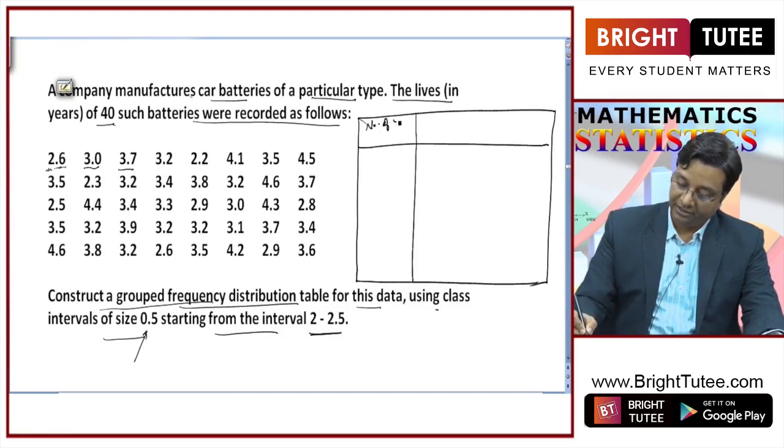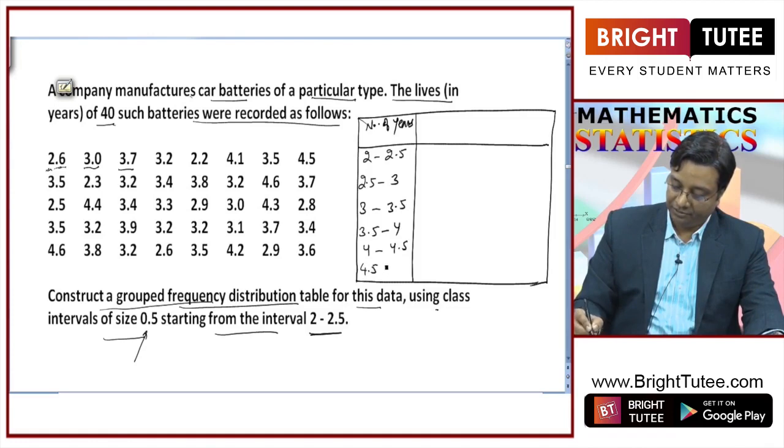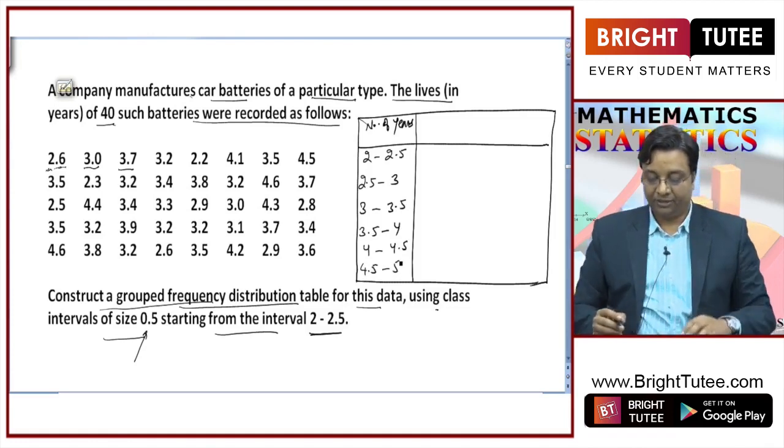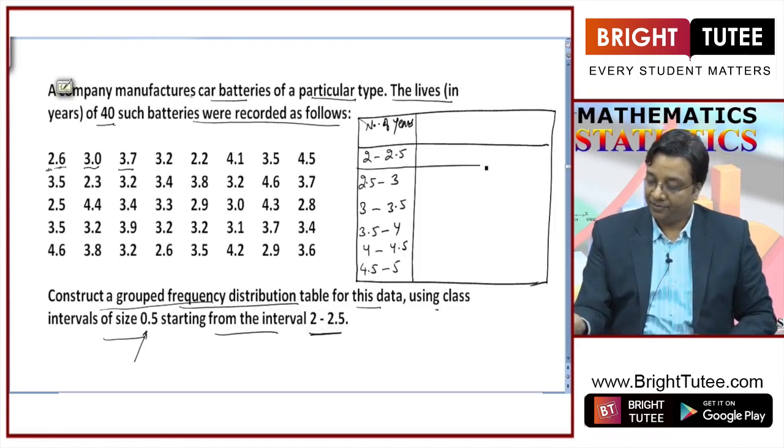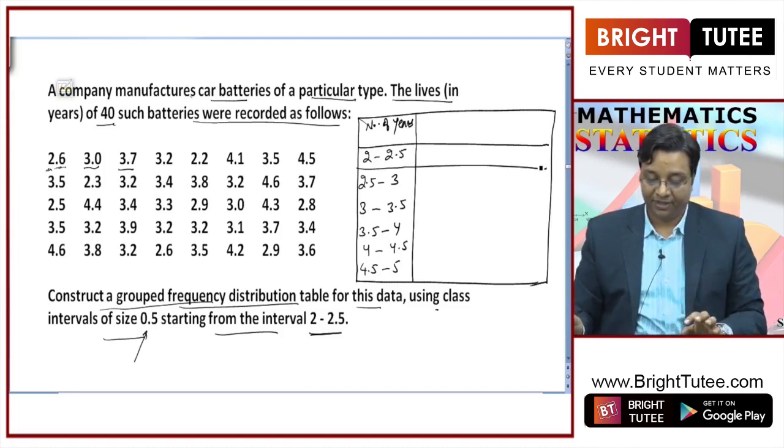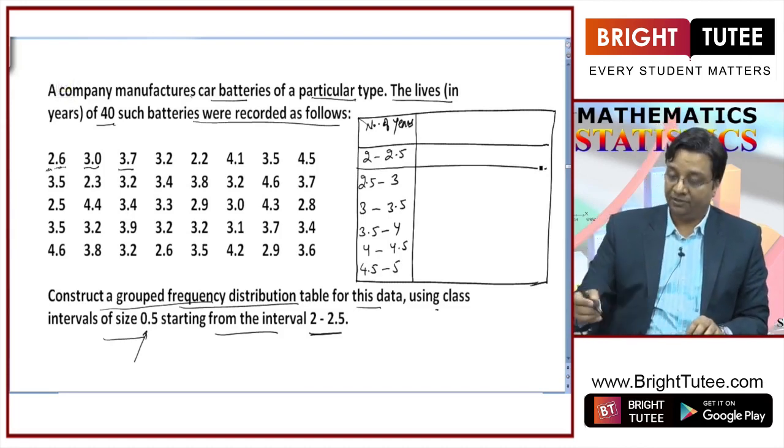Number of years: 2 to 2.5, 2.5 to 3, 3 to 3.5, 3.5 to 4, 4 to 4.5, and 4.5 to 5. Let us see how many batteries were there which lived between 2 to 2.5 years.